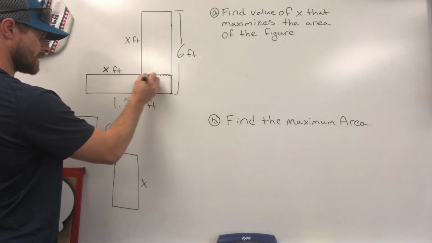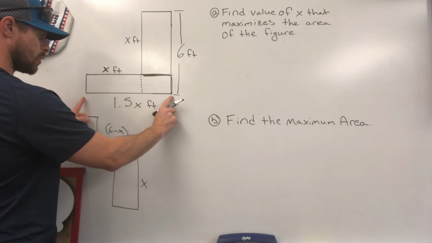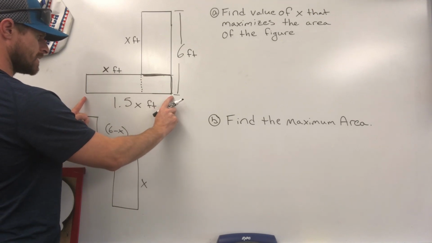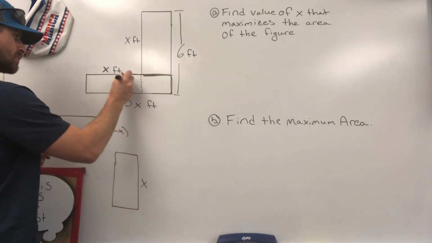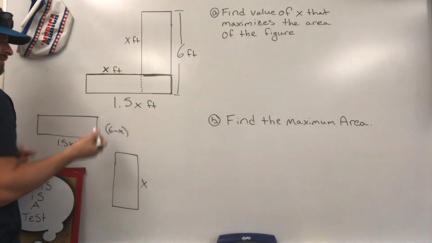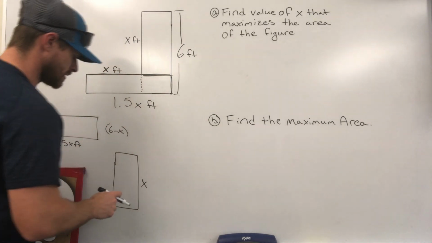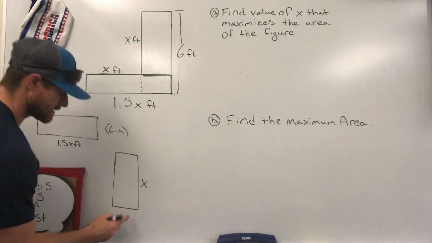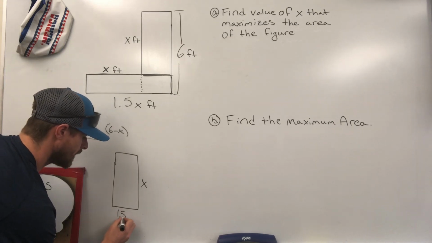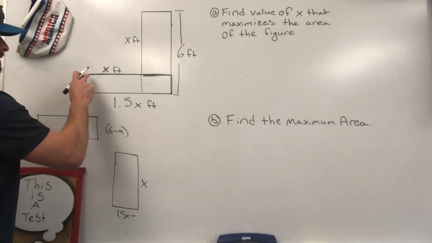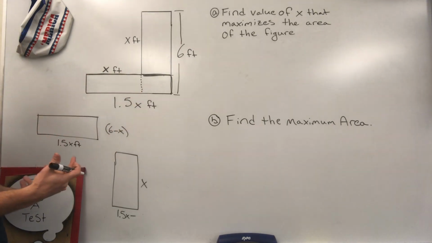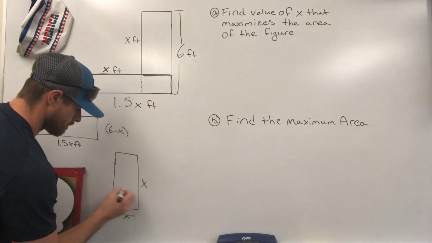Remember, we're only trying to find this distance. So if the total's 1.5x, if we remove this portion that we're not using, x, from it, that's what we'd be left with. So this distance is going to be 1.5x minus this distance here that's not being used, x.